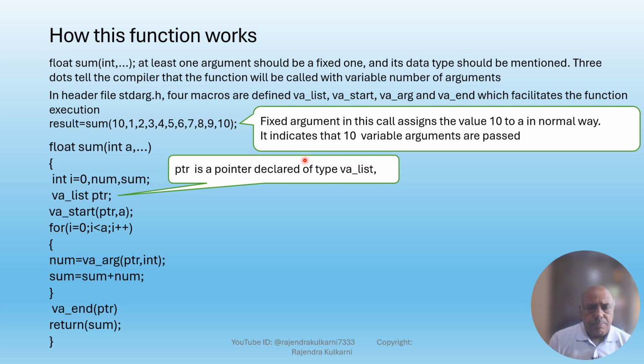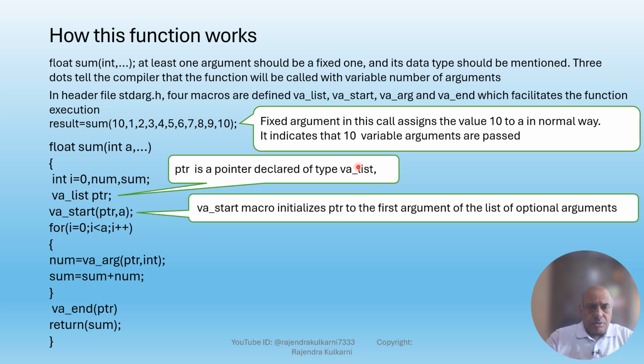ptr is a pointer declared as of type va_list. What does the va_start macro do? It initializes ptr to the first argument of the list of optional arguments.